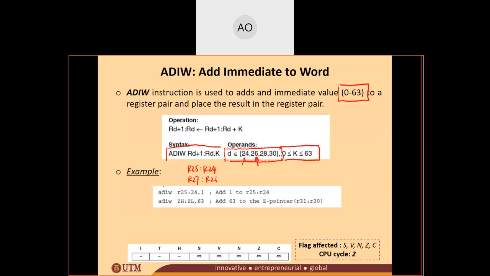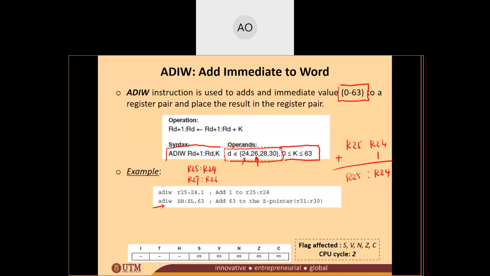Okay, syntax error. So for example here, ADIW R25, R24, 1. What happens is you're going to add this R25, R24 with 1 and put the result to R24 and R25. Then we look at this one. ADIW ZH:ZL with 63.